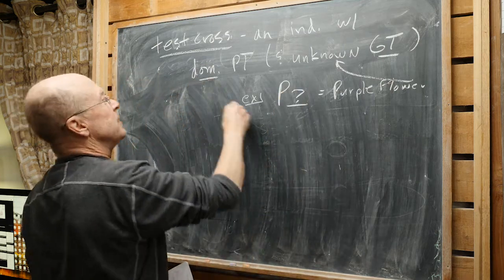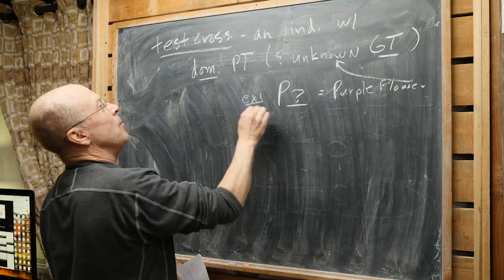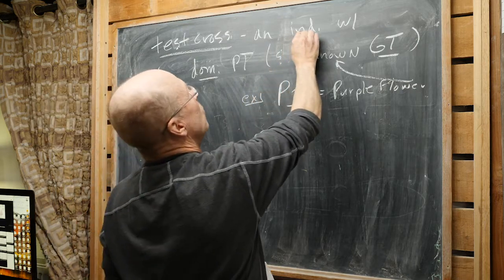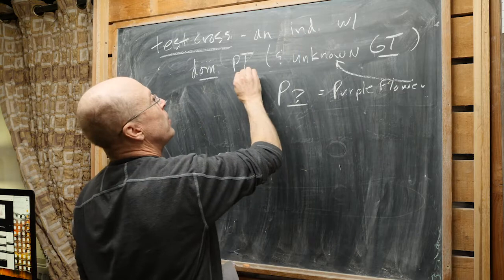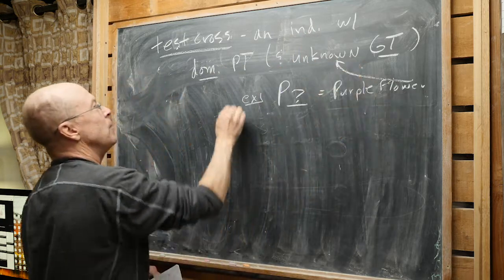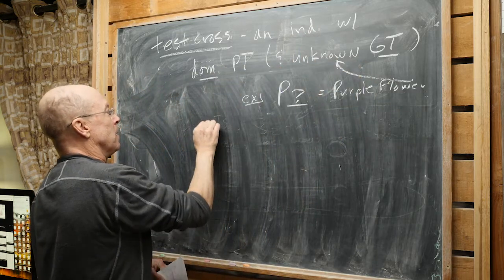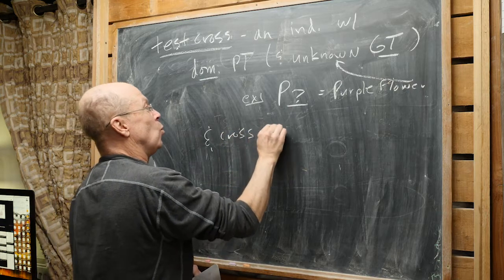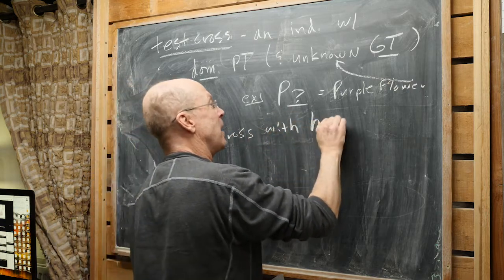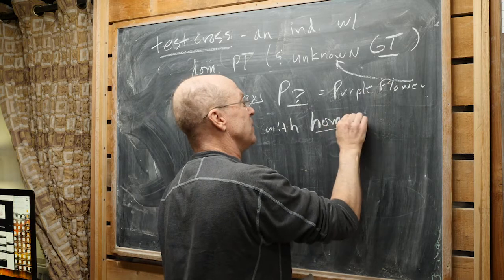So in other words, in a test cross, what you would do is take this individual with a dominant phenotype and an unknown genotype, and cross it with a homozygous recessive.